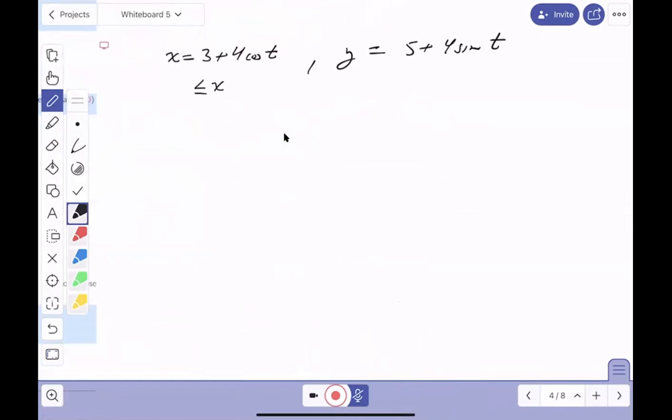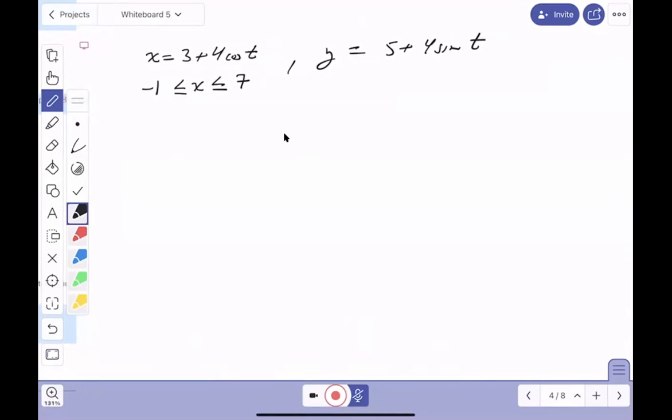I know the x is going to lie between these numbers over here. And how do I know that? The cosine bounces back and forth between 1 and -1. So that means that 4 times that would be bouncing between 4, and 4 plus 3 is 7. That's the most it could be. And then -4, -1.